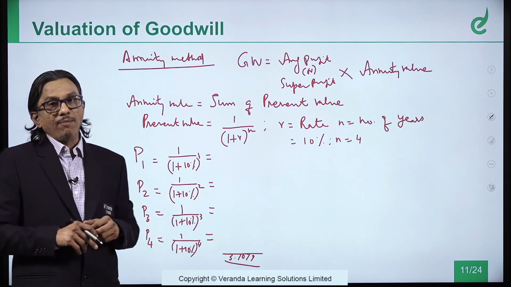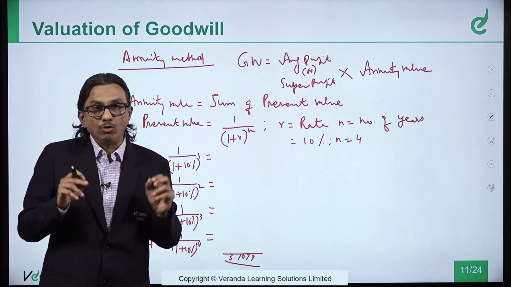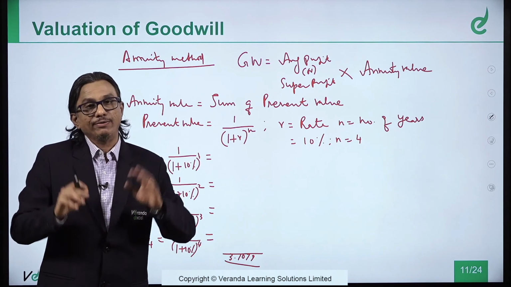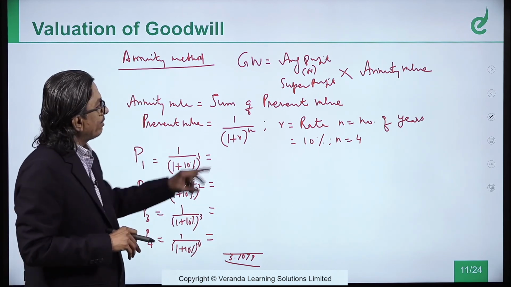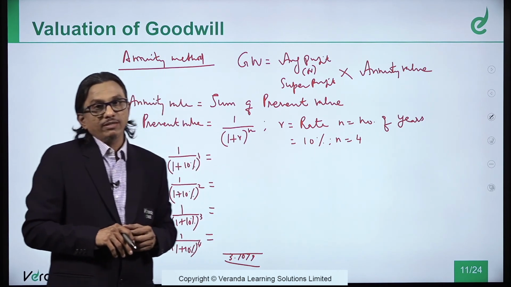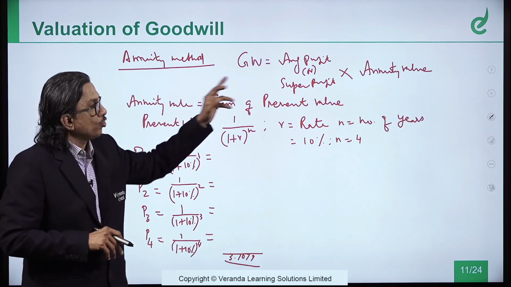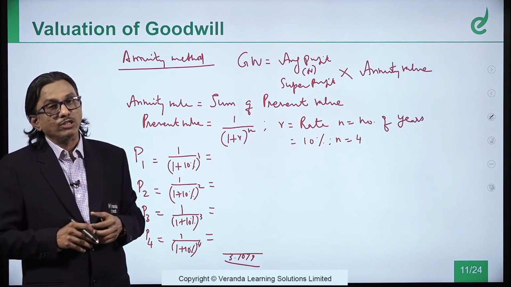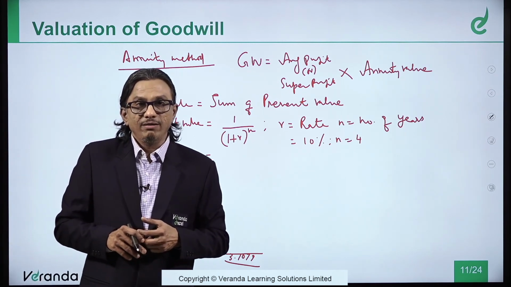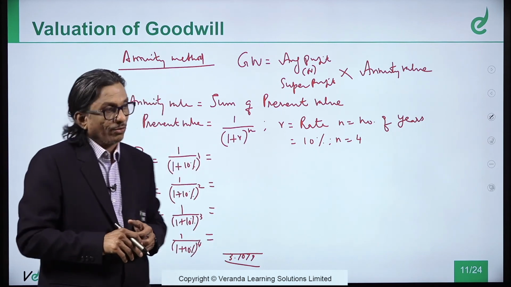This 3.1079 is known as the annuity value. If you know the annuity value of 1 rupee at the rate of 10% for 4 years, and you already have calculated super profit or average profit, you multiply that by 3.1079, you will get the value of goodwill. Okay?